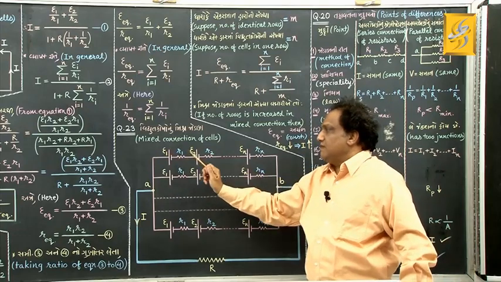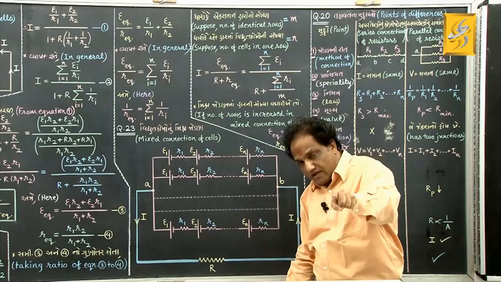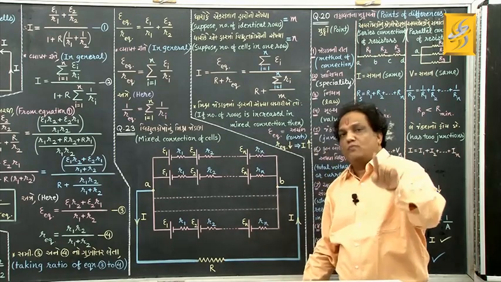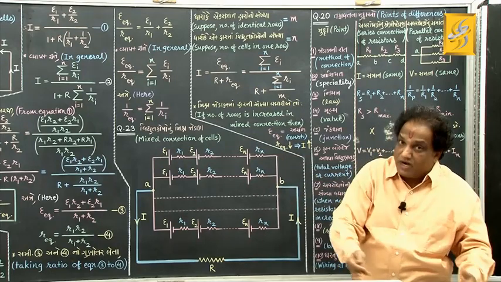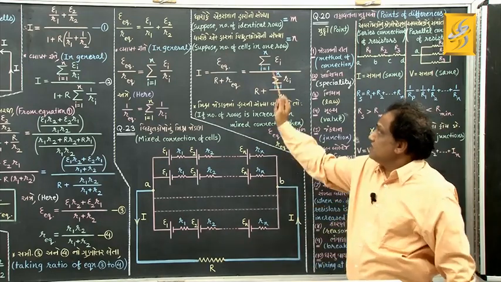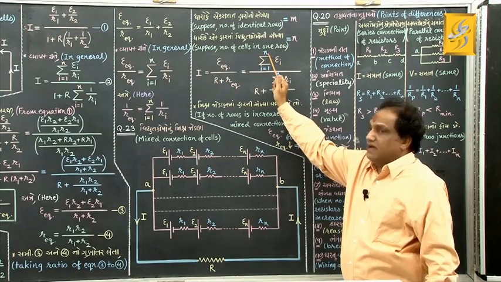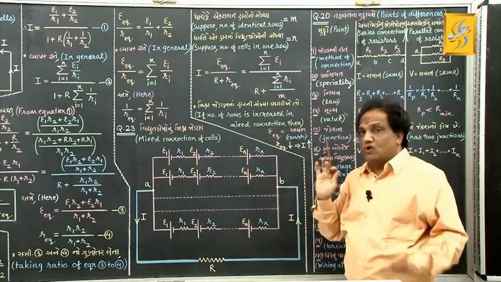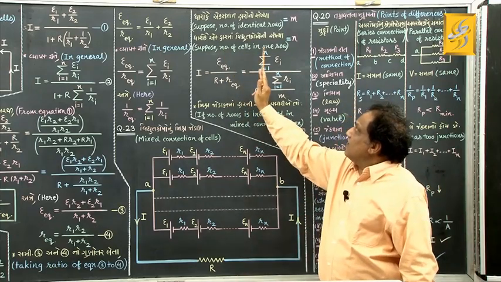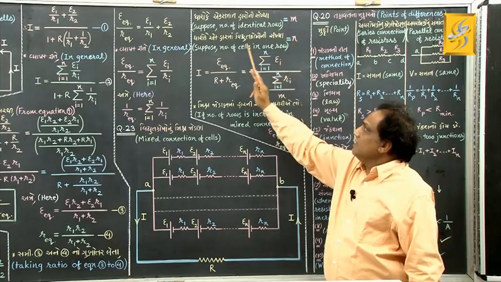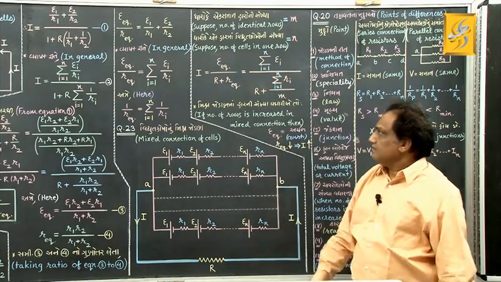Just add up all these EMFs, because all these cells are connected in series in an assisting manner. So E1 plus E2 plus E3 and so on up to En, and that entire summation you can write mathematically and shortly as sigma Ei from i equals 1 to n, where i indicates the order of cells. Number of cells in one row I have taken as n.